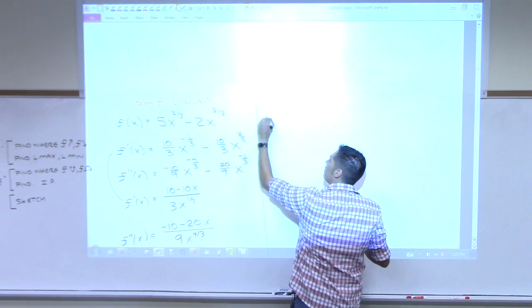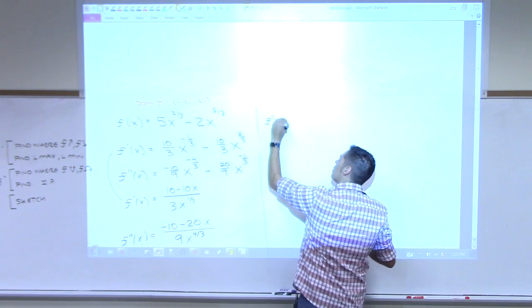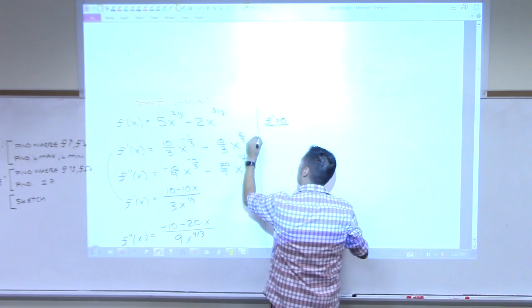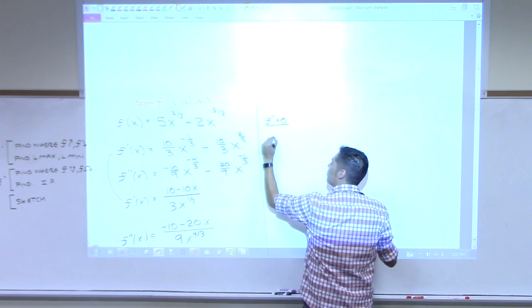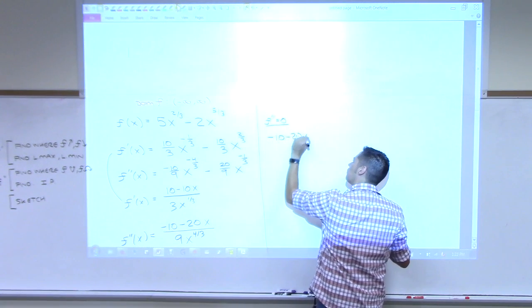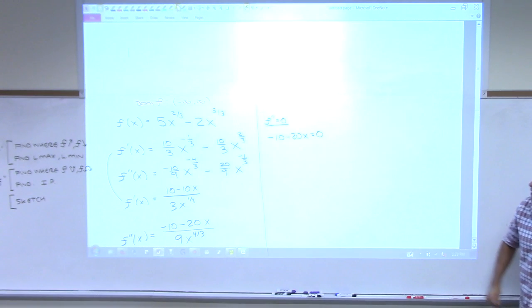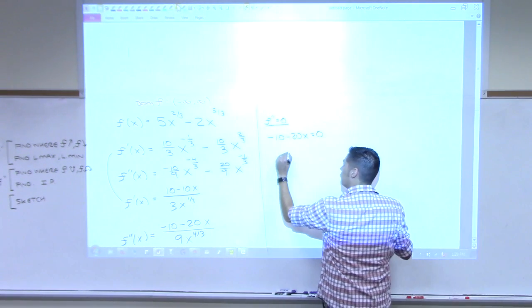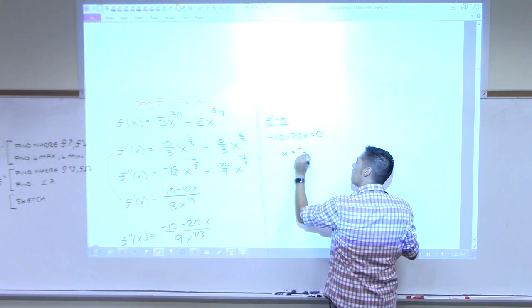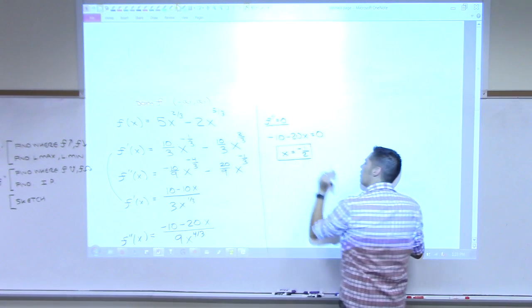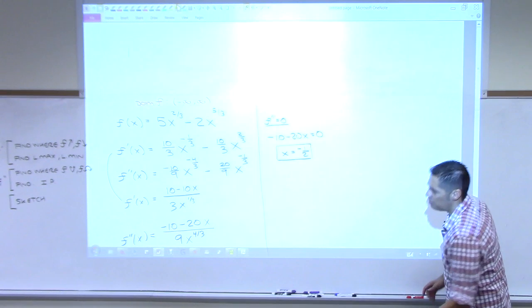Where is my second derivative equal to 0? So all I have to do is set the top to 0. What is it, negative half? No, positive. I think it's negative half. Let's move things around. Is that number in the domain of our function?